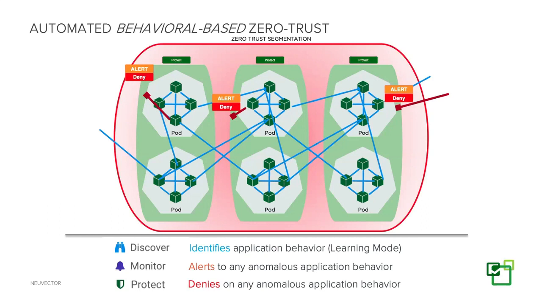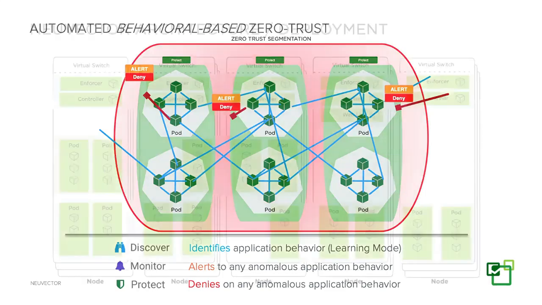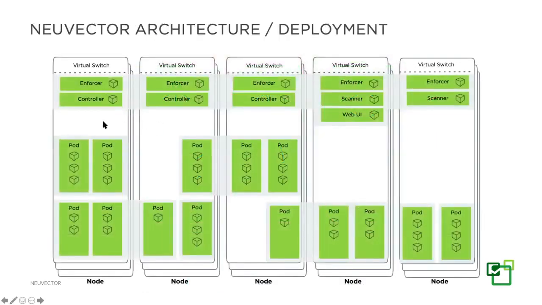NeuVector was the only product that was able to scale to 1,000 nodes, which also tells you a little bit about the performance aspects. If you can't scale to 1,000, then you're going to start seeing performance issues at a lower level. When we're in protect mode, and I'm going to go back to this screen here, when we are in protect mode, these enforcers are then in line with that traffic.